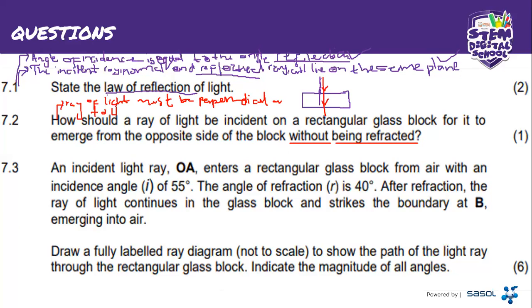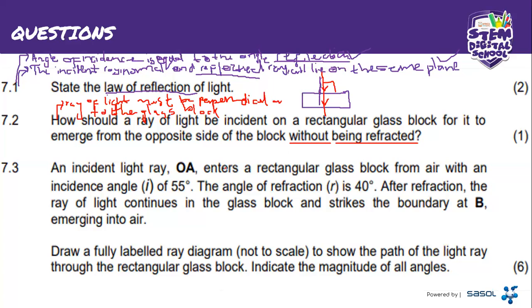It must be perpendicular to the glass block. So if it comes like this, you see, this is perpendicular because this light ray acts at an angle of 90 degrees to the glass block. As a result, my dear learners, remember this, it has to be perpendicular.